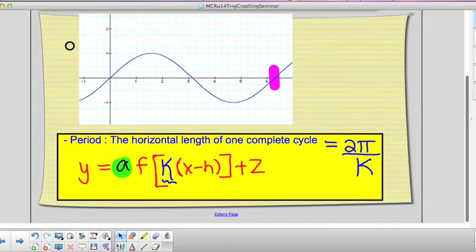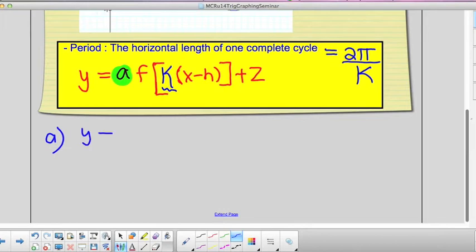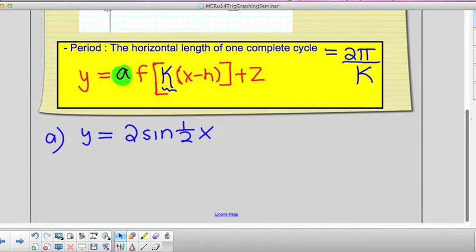So I'm going to put 2 equations on the board so you have examples of what I'm talking about. So equation A. If you have your equation, y is equal to 2 sine 1/2 x. So if we ignore the sign, just based on your knowledge of transformations, what kind of transformations are applied on this graph?